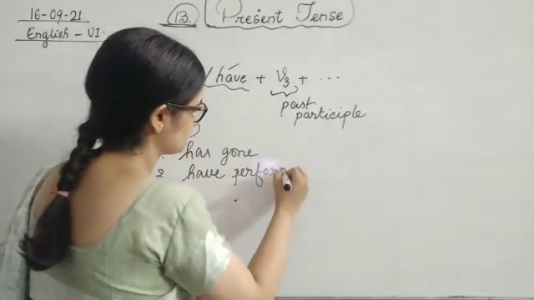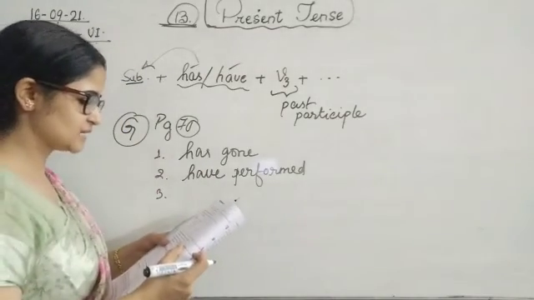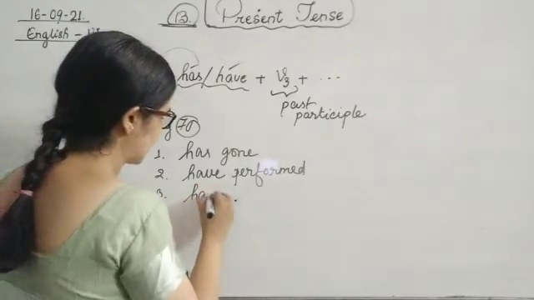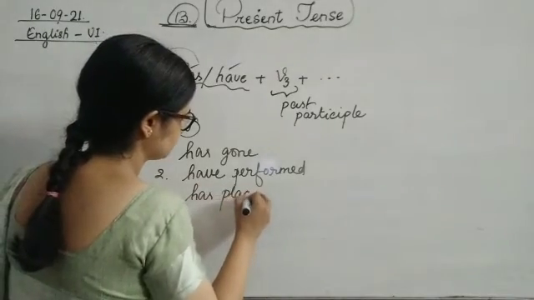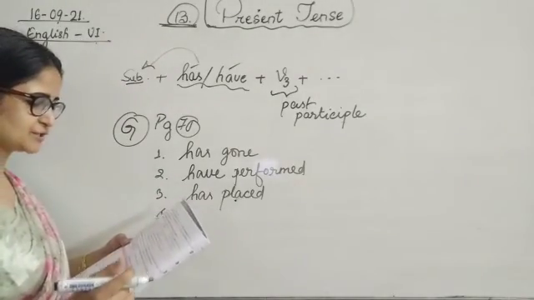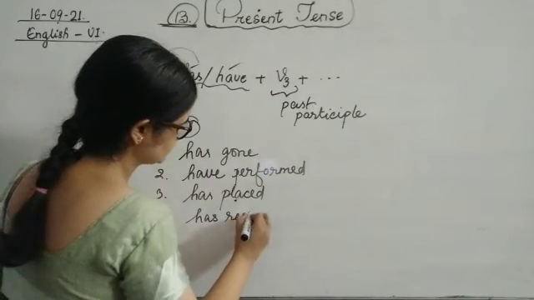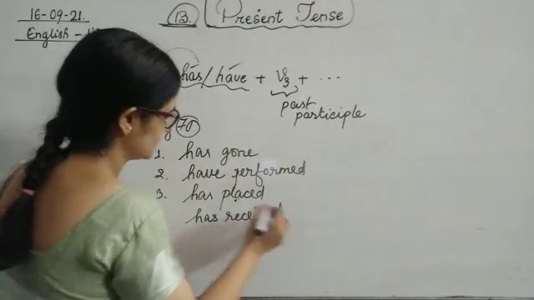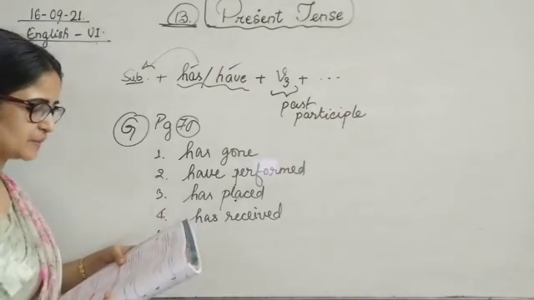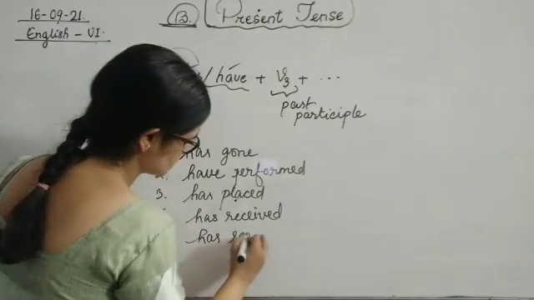Number 3. Rita has placed an order for sandwiches. Rita is singular, so has placed. Number 4. She has received a letter from her aunt. The past participle form. Then we have 5. She has scored good marks.